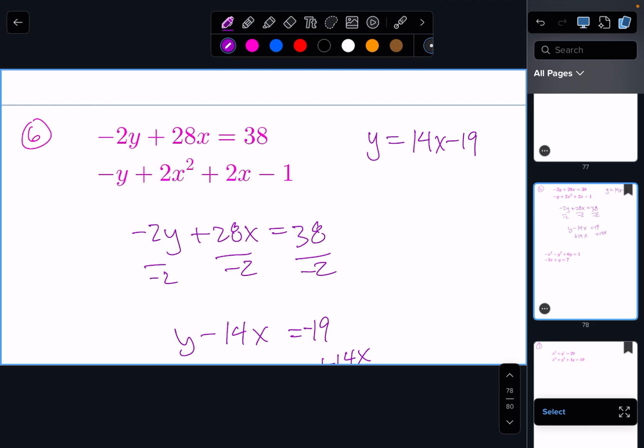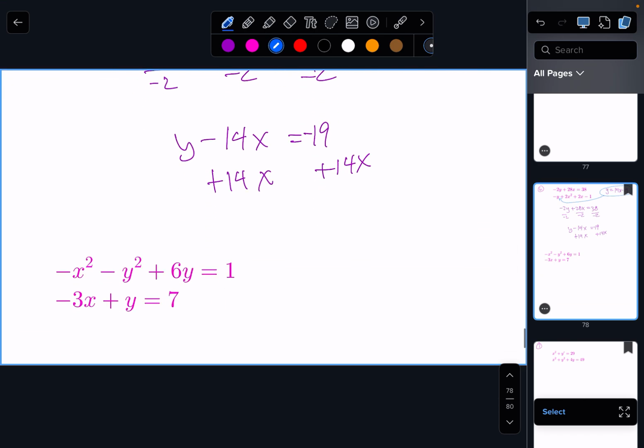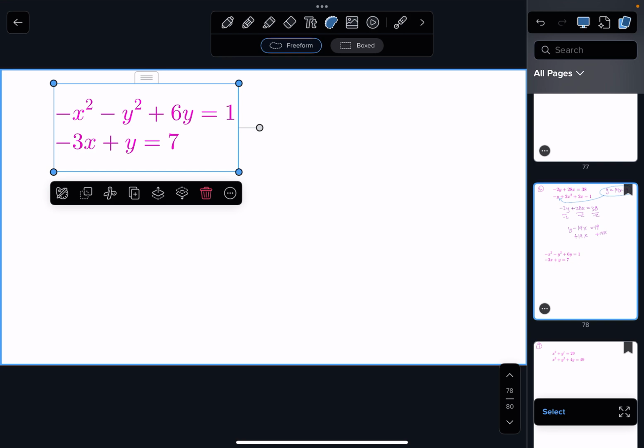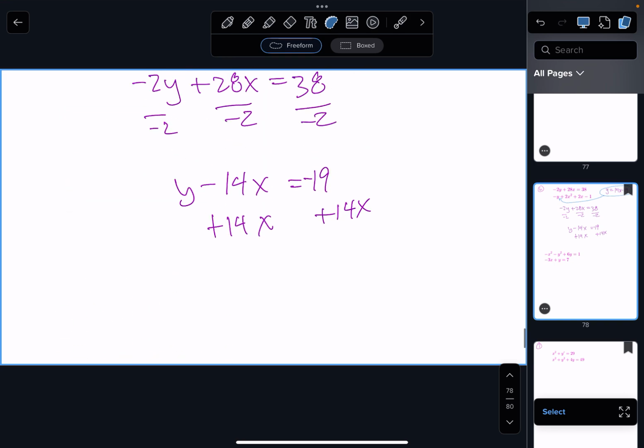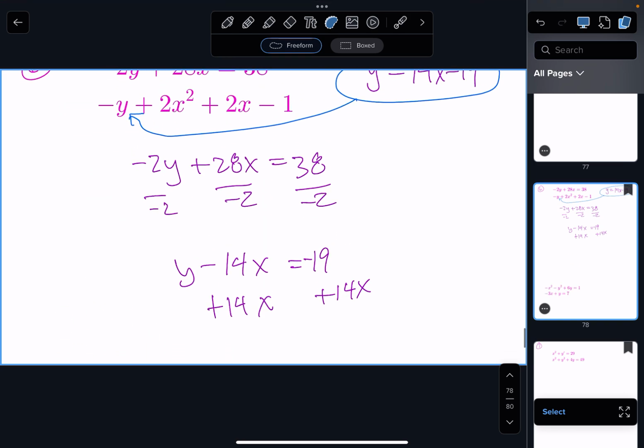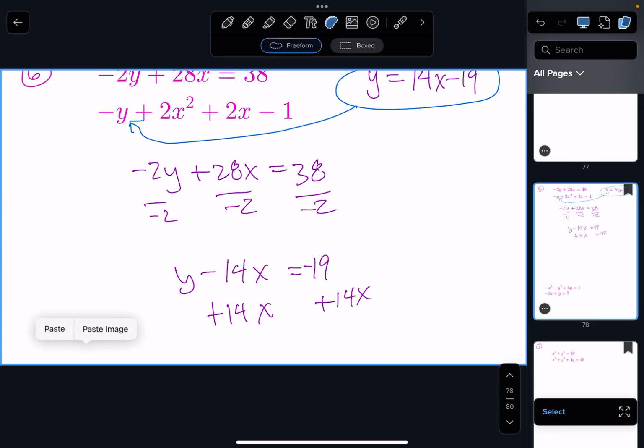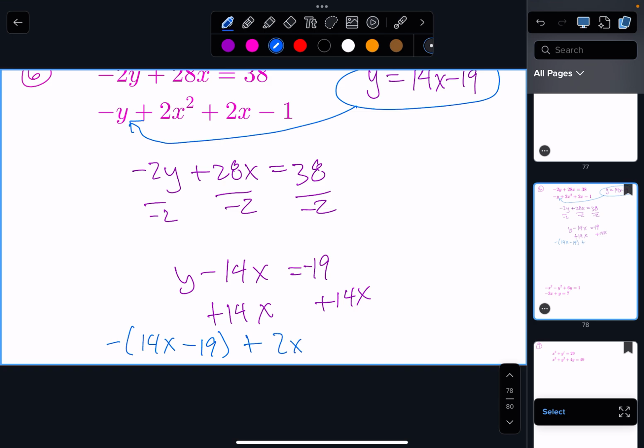And I'm going to take that and plug it in here into the other equation for y. So it's negative, negative is important, negative (14x minus 19) plus 2x squared plus 2x minus 1.